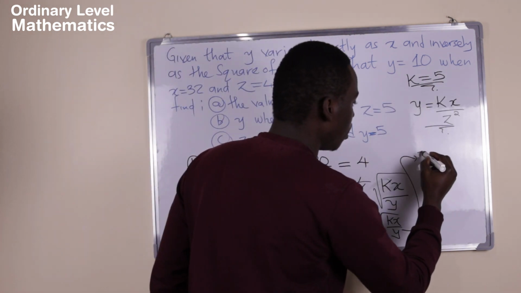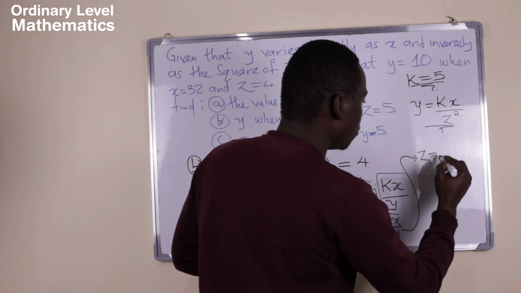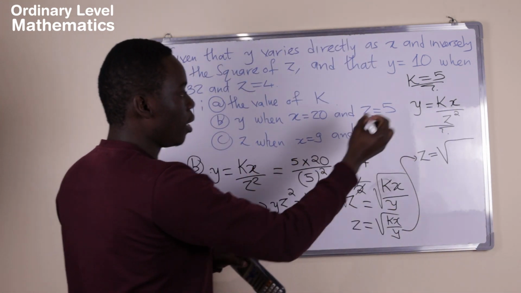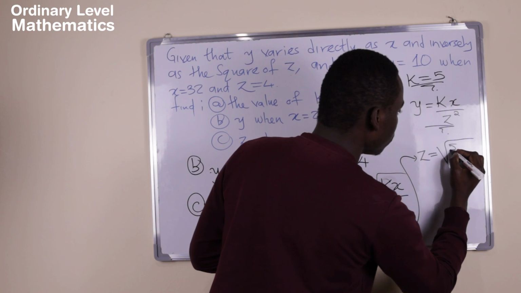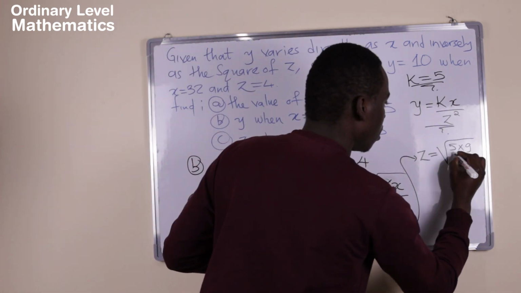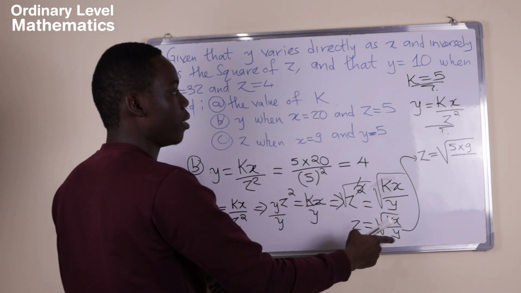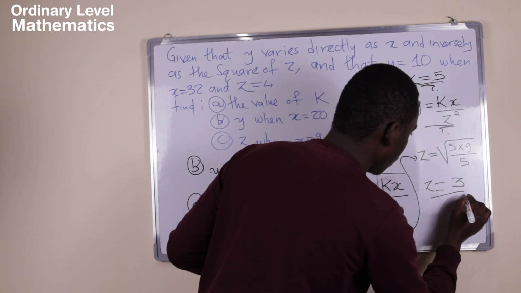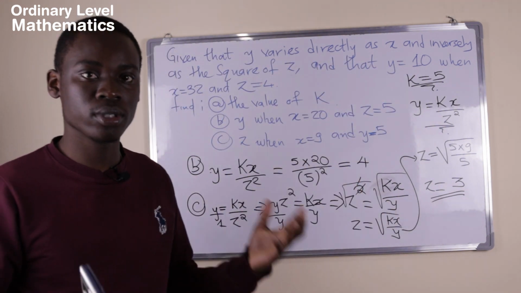So z is equal to the square root of k, which is 5, times x, which is 9, over y, which is 5. So z is equal to 3.